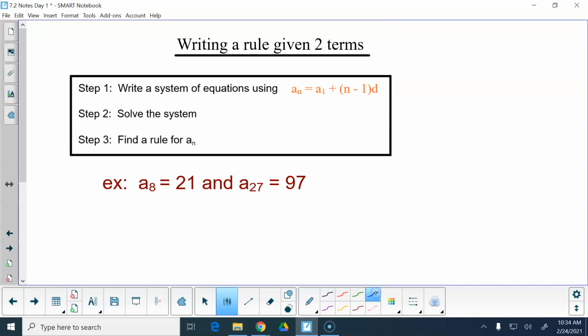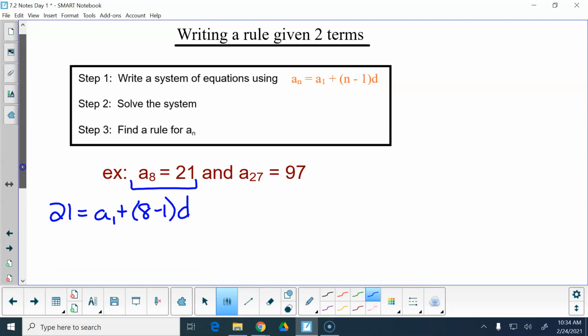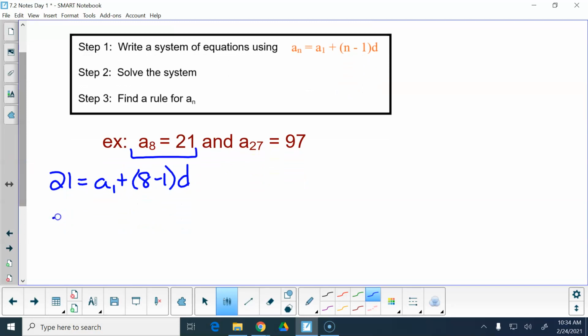So for instance, I would take this, the 8th term is 21, and I would say that 21 is equal to a sub 1 plus 8 minus 1 times d, utilizing my rule. So I could simplify that to be 21 is a sub 1 plus 7d.